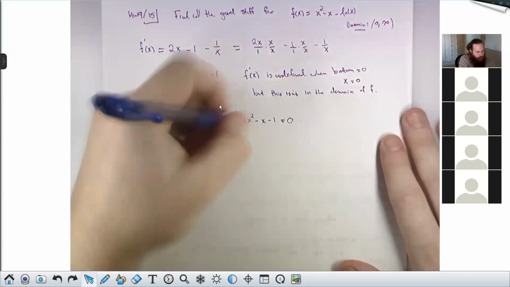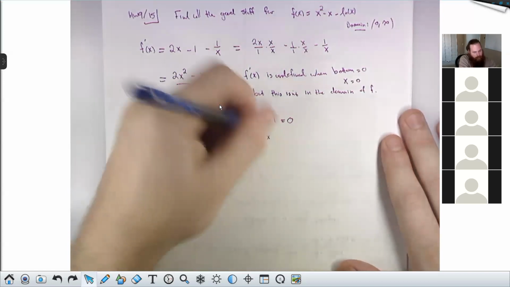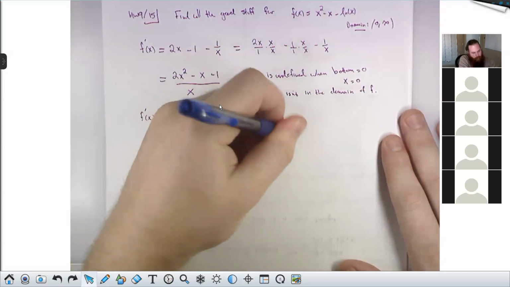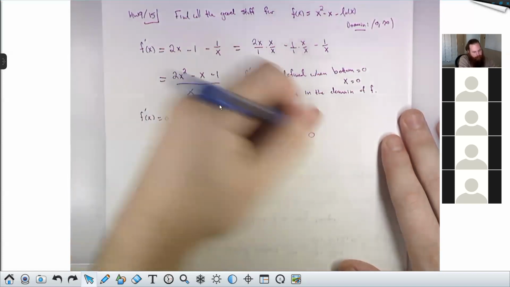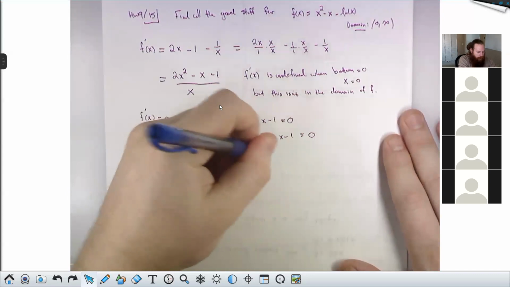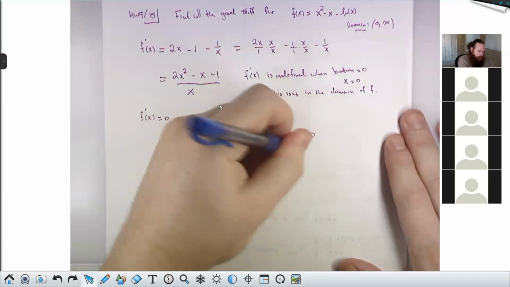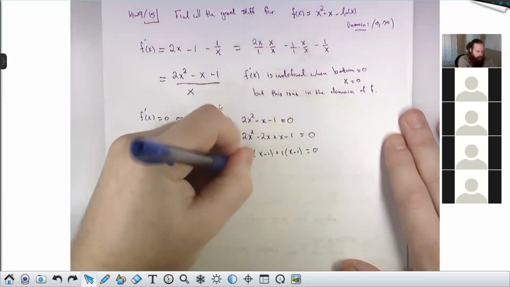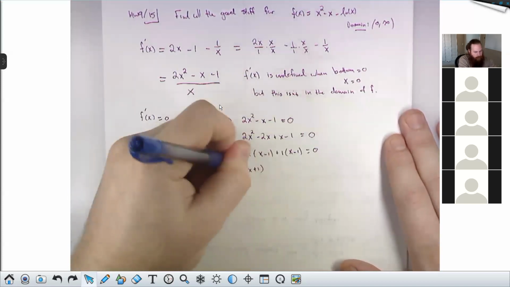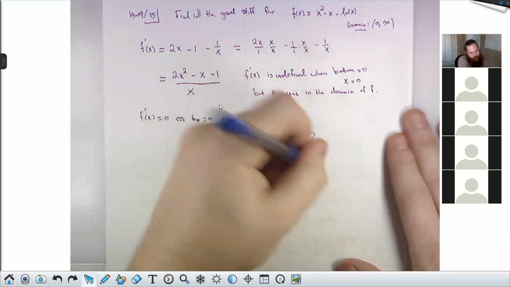So that would be -2 and 1. So this is 2x squared minus 2x plus x minus 1 equals 0. You can factor a 2x from the first bit and you get x minus 1. You can factor a 1 from the second bit, you get x minus 1. So you get 2x plus 1 times x minus 1 equals 0.